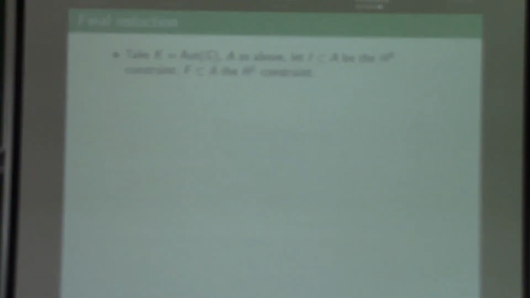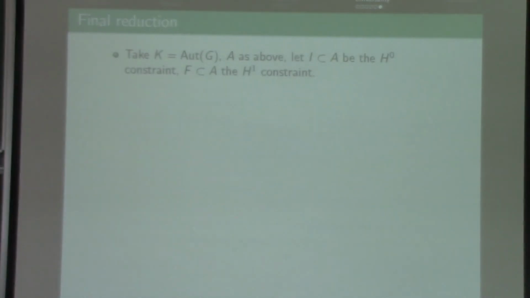So we're going to take K to be on G, our group with respect to which everything is equivariant. A is the alphabet we discussed. Z is the zombie digit. This is the trivial homomorphism. And then I and F are initialization constraints. I is going to be the bottom initialization constraint. That comes from the fact that you have to factor through the handlebody on the bottom.